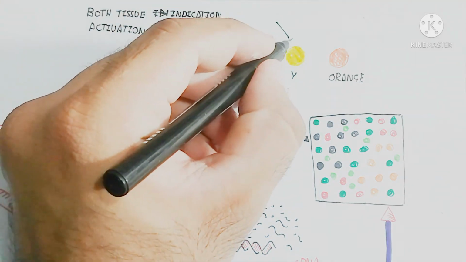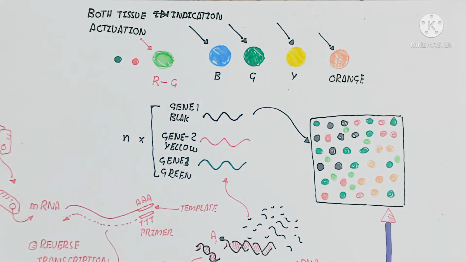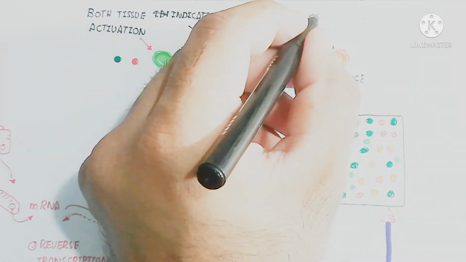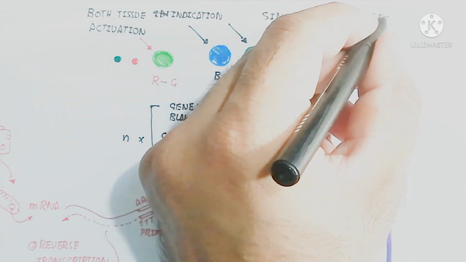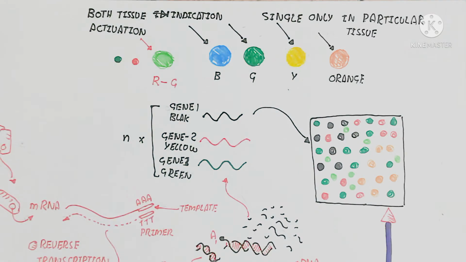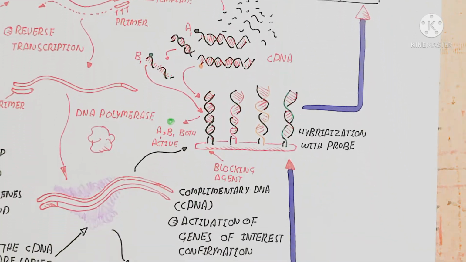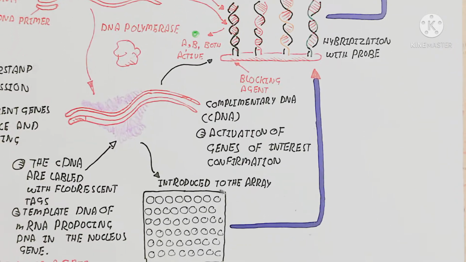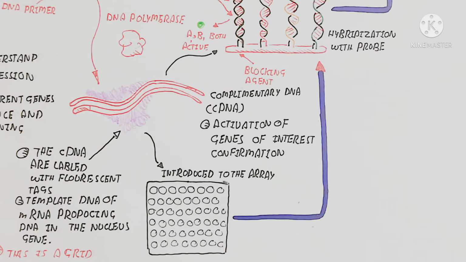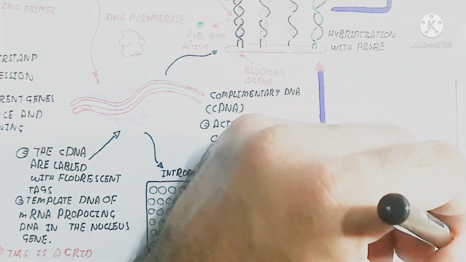For example, if the gene is inactive, it means the color will not be produced anymore. So the labeled color of the complementary DNA will not bind, and after washing the blocking agent will remain, but the color containing complementary DNA is washed away.